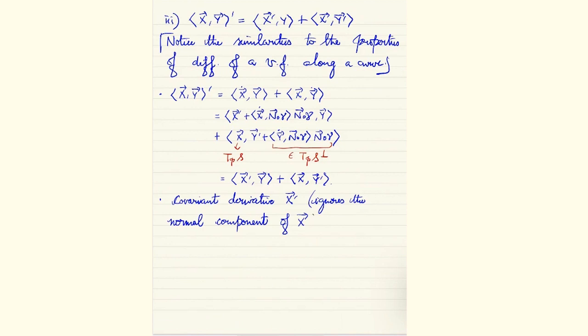When I say normal component, I mean the component of x which is normal to the surface, and it measures the rate of change along the curve, but as viewed from the surface, and that's the crucial bit here.